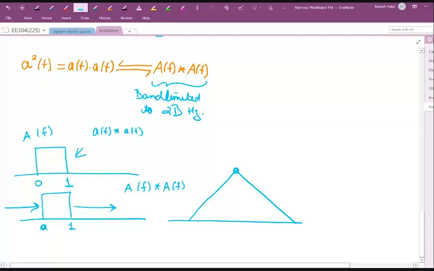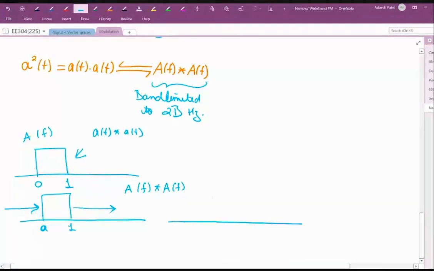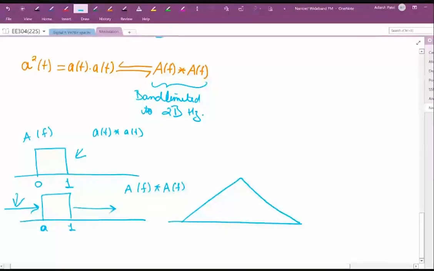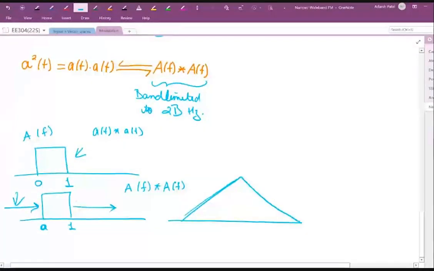That area would be the multiplication of the two and the integral of that. Otherwise, to the left and to the right, it will be increasing in this region, and when it goes further away, it will keep on decreasing. So this is how it is going to look like.